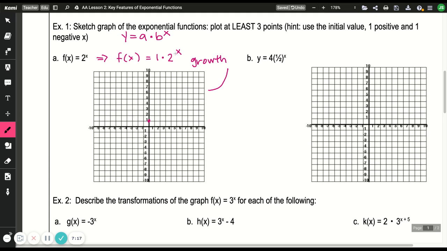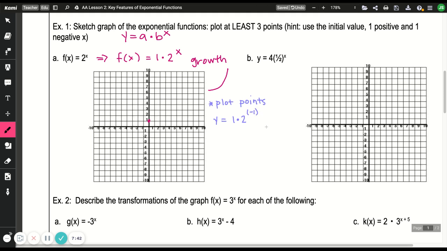You're just going to use your calculator. I'm going to plug in one negative number for x, so you could use -1 or -2. And we're going to plot points. If I put -1 in for x, remember you get to pick this, 2 to the -1, and you're going to use your calculator.